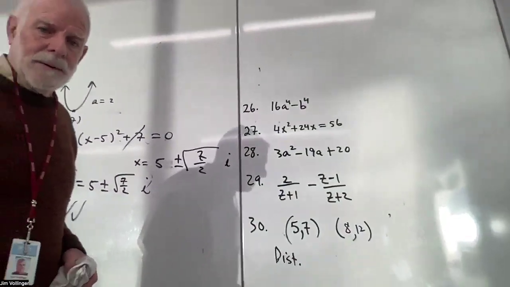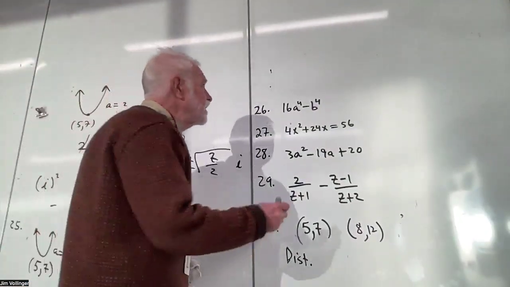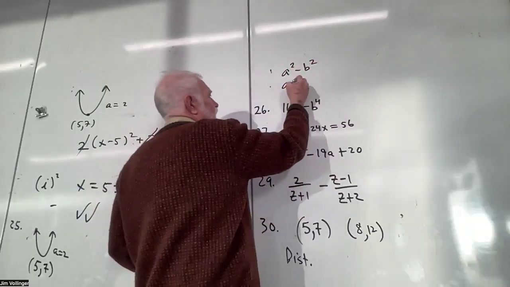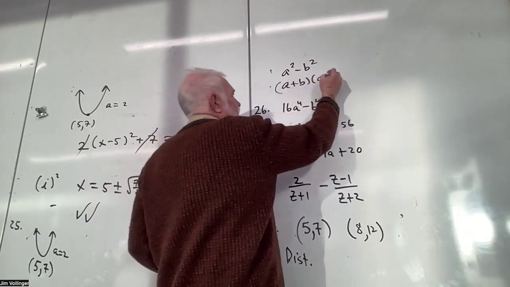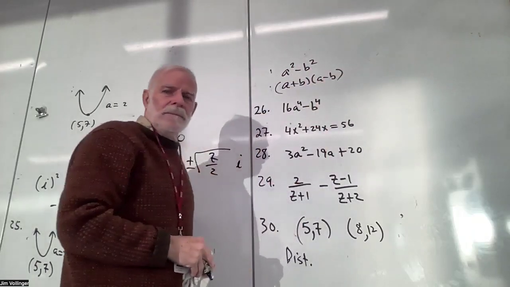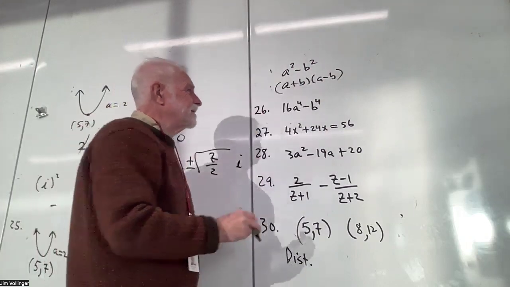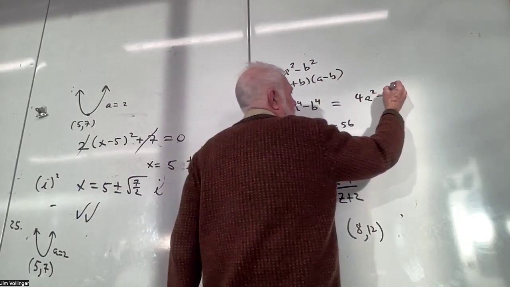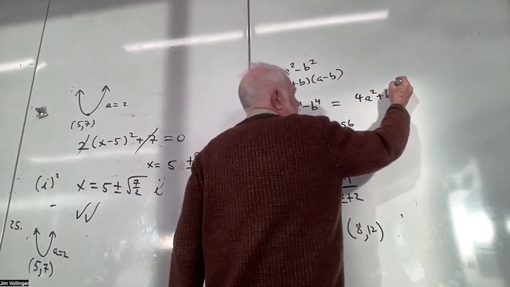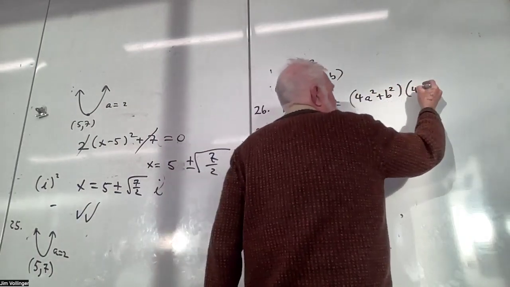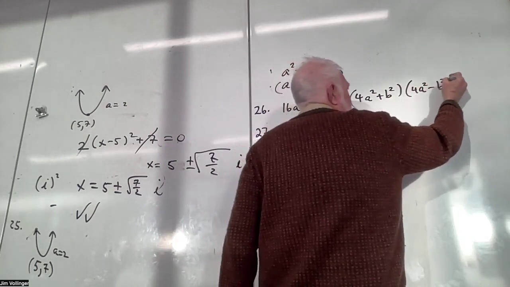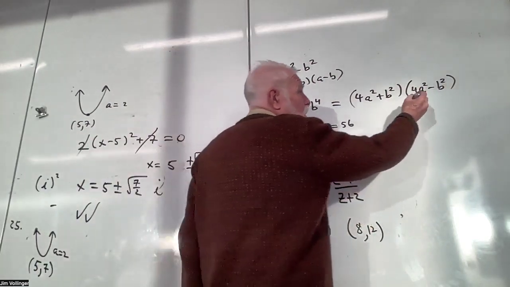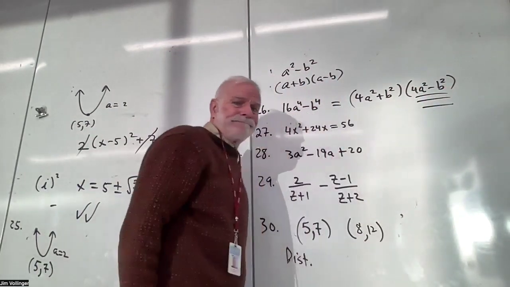Okay, so I planted this problem to really see if people could factor a squared minus b squared, which is a plus b, a minus b, classic Algebra 1 problem, right? But I hid it. Most people wrote 4a squared minus b squared, so 4a squared plus b squared times 4a squared minus b squared. What I was interested in seeing was who spotted that.